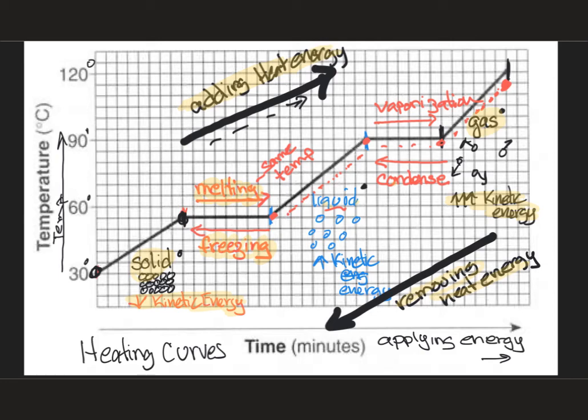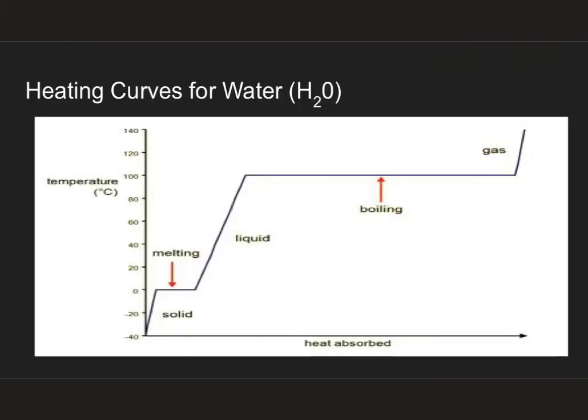Okay, let's look at water really quick and show you just the curve for water. So what we can say when we look at the heating curve for water, we can say that this plateau, if we're applying energy, is melting, right?